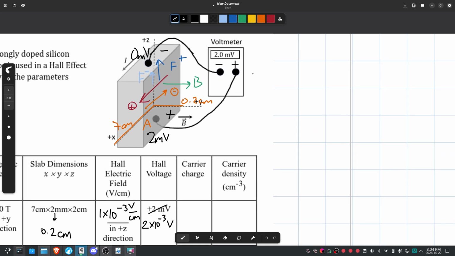That means that the voltmeter must be in agreement with whatever it is. So the positive terminal must be hooked up to the positive end, and the negative terminal must be hooked up to the negative end. If this was negative, we would know that these terminals are wrong, and we would have to swap them. Is that clear?